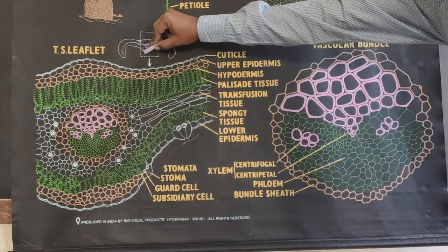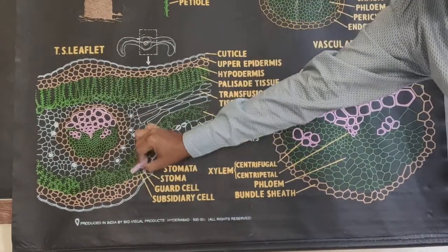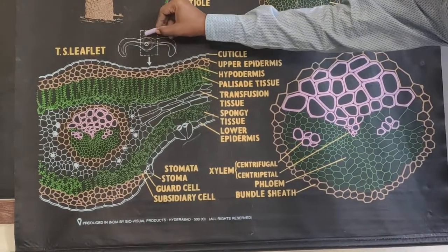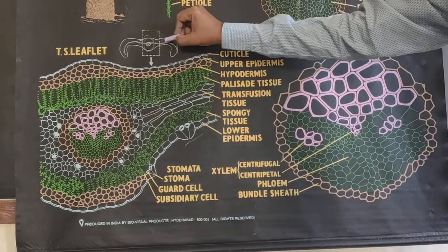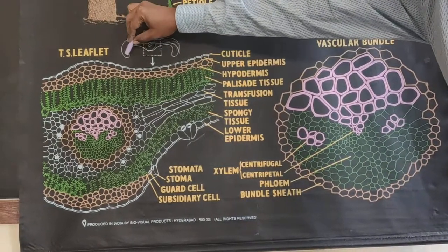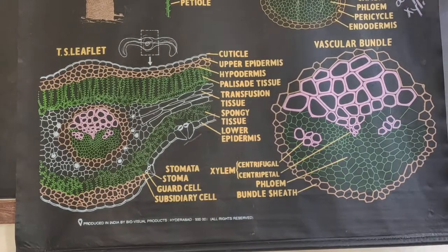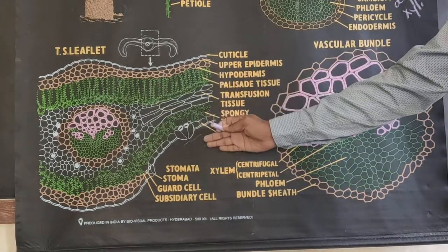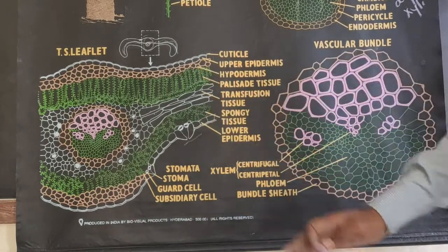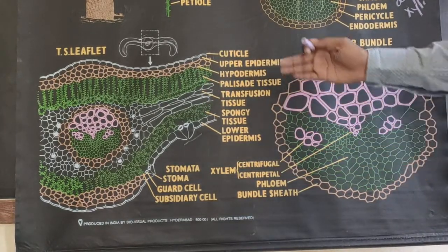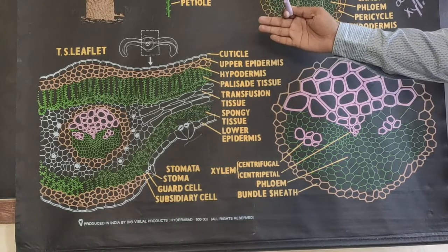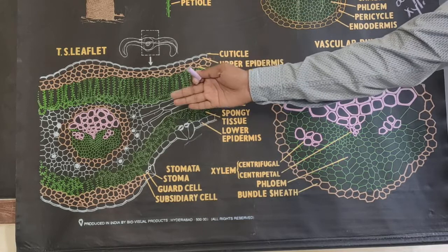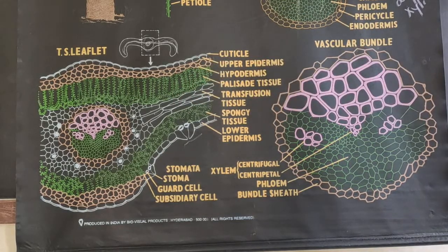The central bulged region is the midvein region, and these two wing-like structures are the leaf lamina. If you look at the section of the leaflet, it is mainly differentiated into the outermost epidermis, followed by the mesophyll and the central vascular bundles.